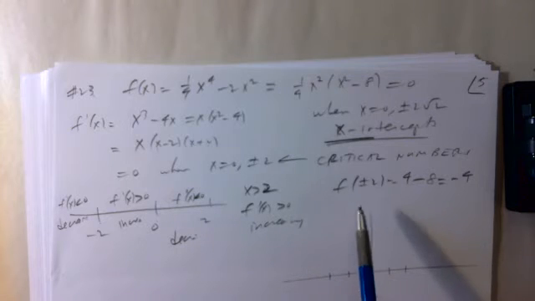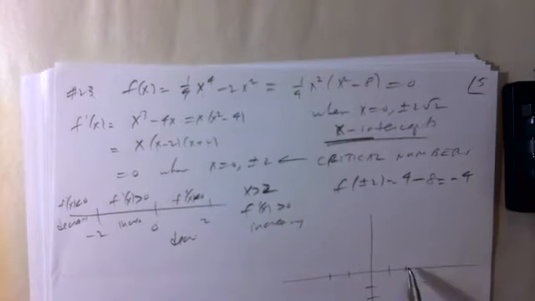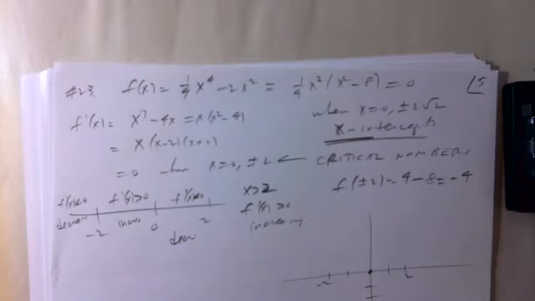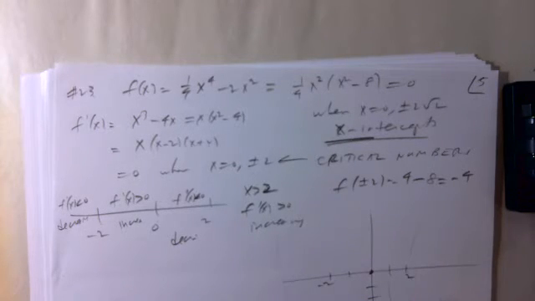So when x is 2, the value of the function is minus 4. When x is 0, it's 0. At minus 2, it also has the value minus 4. Here, the function is decreasing, increasing, decreasing, increasing. It crosses the x-axis at plus or minus 2 root 2. That's a little bit less than 3.